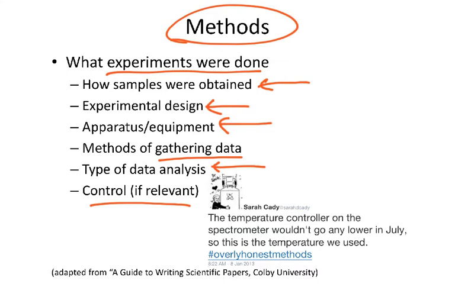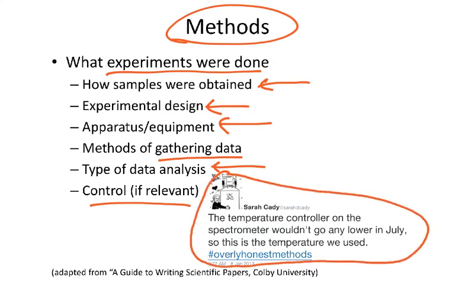Here, this picture, if you haven't already heard of this and you have some free time or maybe on your next little break I give you, look up the hashtag overly honest methods. It's really funny, and what it is is scientists just giving you the really honest reason for why they did things the way they did.